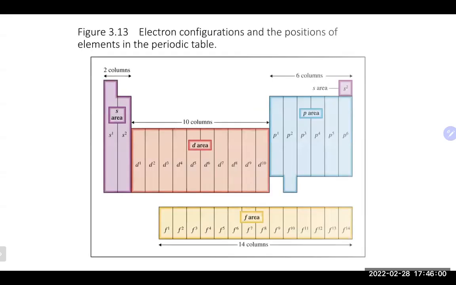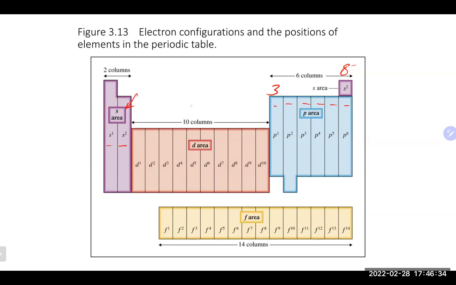When we look at the periodic table, you can actually count off electron configuration from it. The first two groups on the periodic table are referred to as the S block, and the S block has 2 electrons. That's why it's groups 1 and 2, which would be the 2 electrons. Groups 3 through 8 are referred to as the P block, and that is 1, 2, 3, 4, 5, 6 electrons as you go across it.